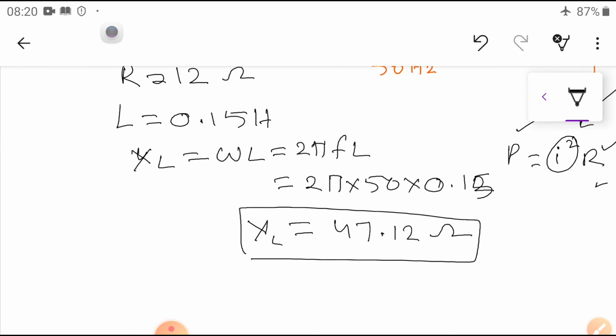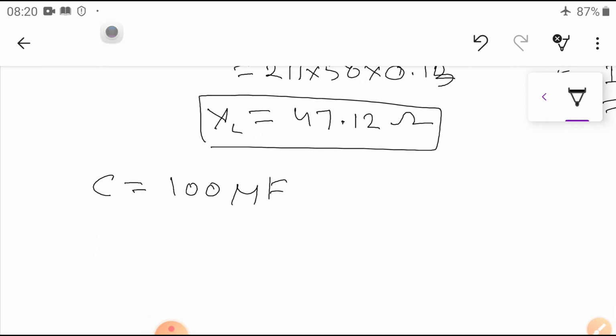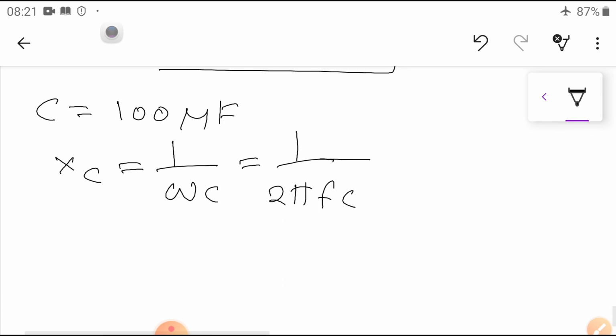Now next, C value, C is 100 microfarads. Now I want to calculate XC. XC is equal to 1 by omega C, that is equal to 1 by 2 pi F C. So here I am going to do simple substitution.